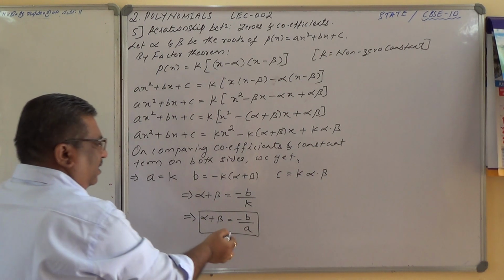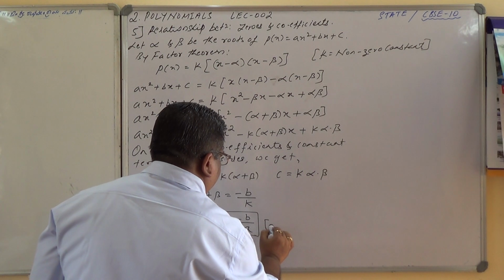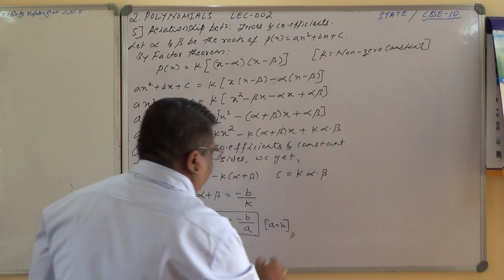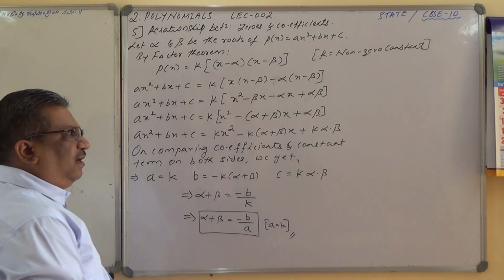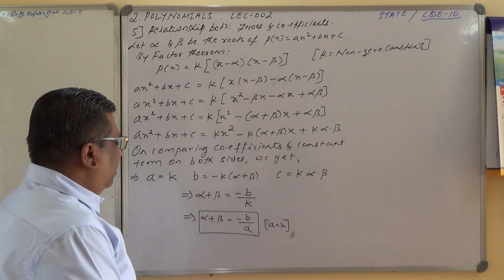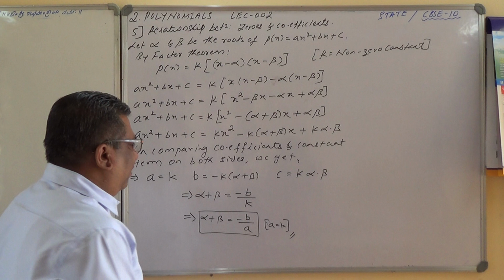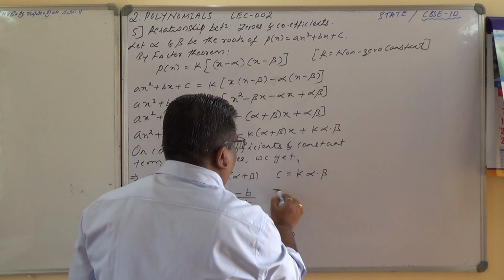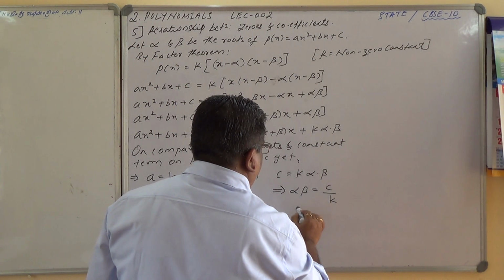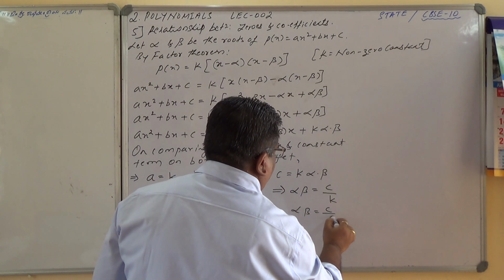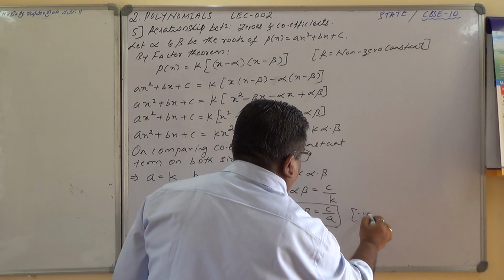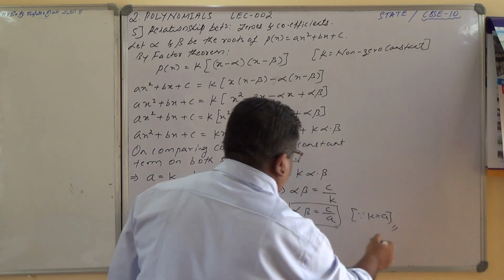Therefore we have established the relationship between the coefficients and the sum of roots. So sum of roots is equal to minus b by a. From here I can conclude alpha into beta equals c by k. Therefore alpha into beta is equal to c by a. Why? Because k equals a.